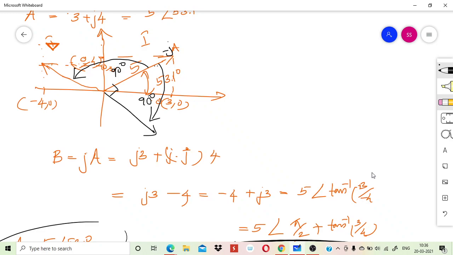So this will be your minus jA, which will be equal to another phasor C.